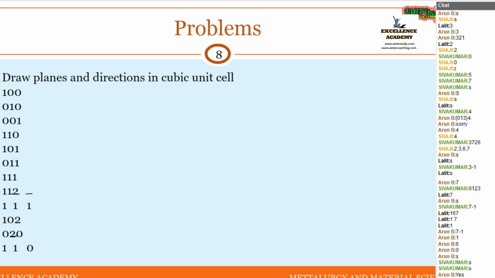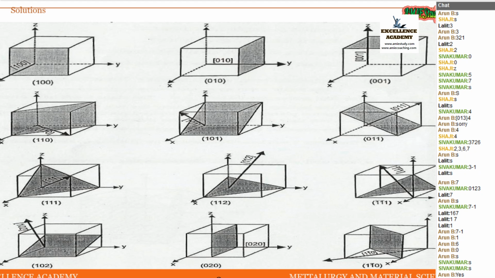See, some errors happened over here. You can see that this is 1, -1, -1. Here it is 1. Here it is -1. See that the -1 sign goes upwards. The answer for this is given on the next page so that you can cross check whether your answer is right or wrong. The Miller indices for direction as well as planes are plotted here.